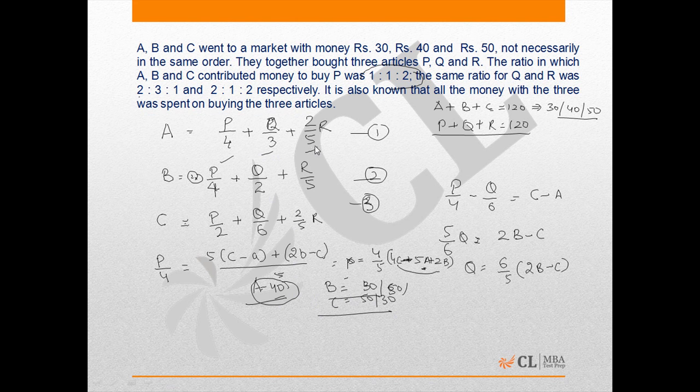By filling the values, let's say A turns out to be 40, B is 30 and C is 50, P, Q, R turns out to be 16, 84 and 20.